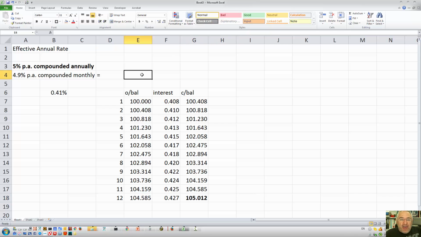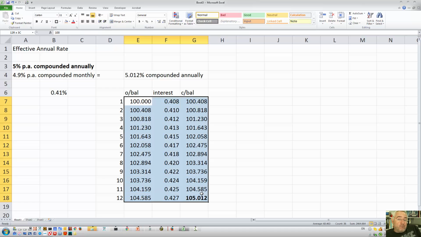So my effective annual rate would be 5.012% compounded annually. Now, it seems that it's got to be pretty close to be better, but that's because I've only done this for a year, right? If I'd done this for a longer time, the difference may actually be substantial in dollar terms, okay?